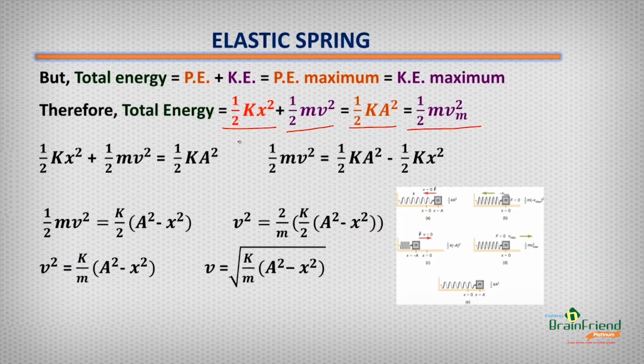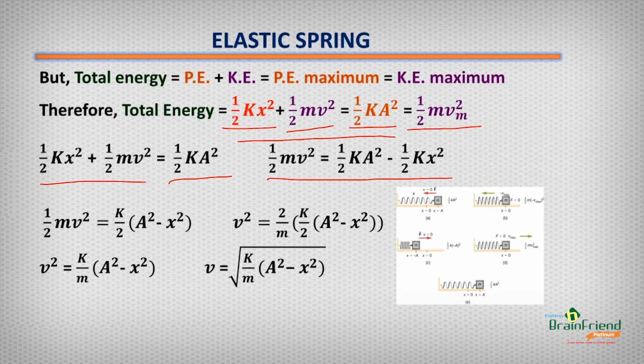Now, equating these two expressions, we have half Ks squared plus half mv squared is equal to half Ka squared. To make velocity v the subject of the formula, we'll first of all subtract half Ks squared from both sides. This gives us half mv squared is equal to half Ka squared minus half Ks squared.